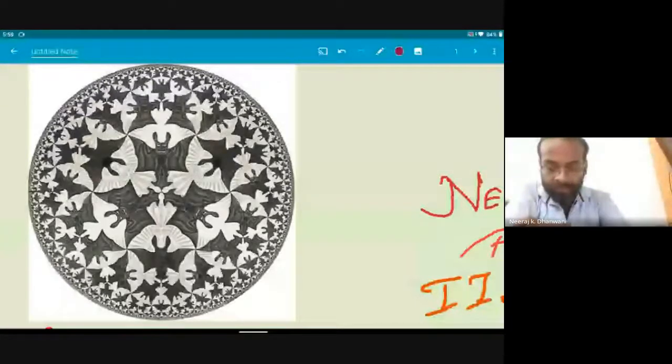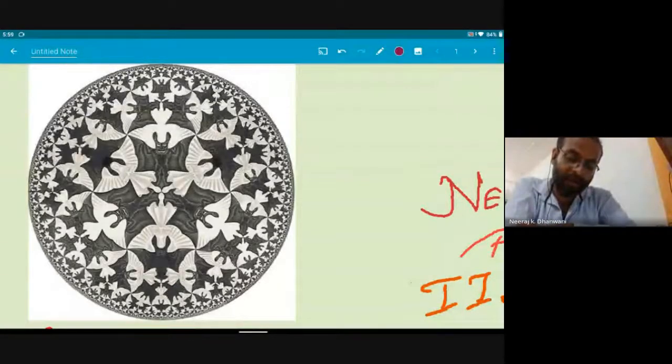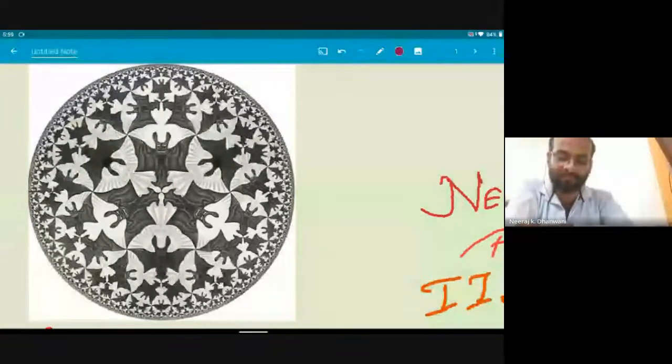This picture is also trying to show you that as you go near the boundary of the circle, your length decreases. That is the meaning that you are never going to touch the boundary. This is also a model of hyperbolic geometry. I'm always wondering, when he was drawing this picture, whether he knew about hyperbolic geometry. I doubt it. But this is also one of the great works that always inspires.